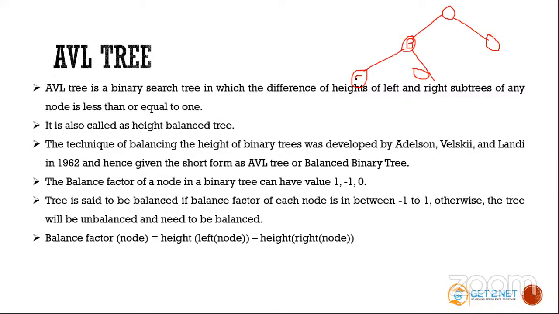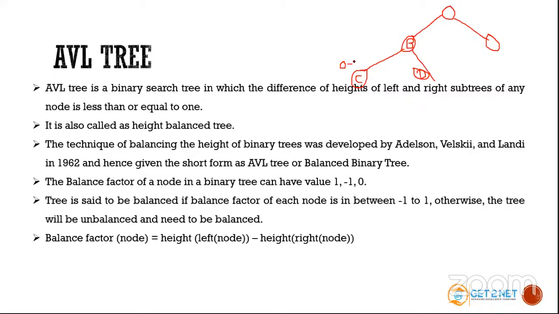This subtree, let's see, it is C and this is D. In C, there are no more leaf nodes. Is there some child node of C? No. So C itself is a leaf node because there is no child of the C node. So what will be the answer? 0. There is no node on the left side, and also none on the right side.